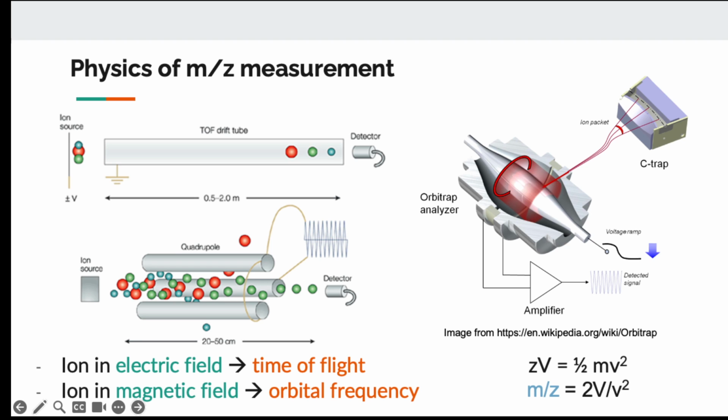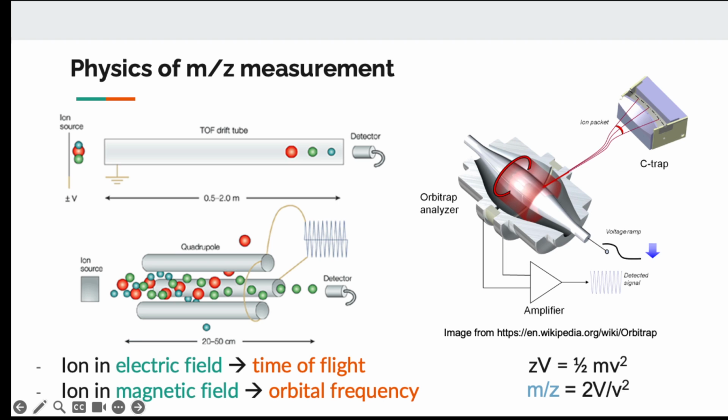The amount of time it takes, you can convert back to velocity, and from velocity you can do a conservation of energy: kinetic energy, mass times velocity squared, has to be equal to the electric potential energy applied to the ion. And the electric potential energy is the product of charge, like how many charges there are, and the voltage.